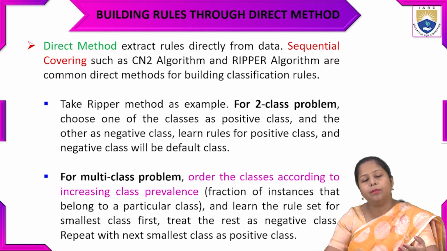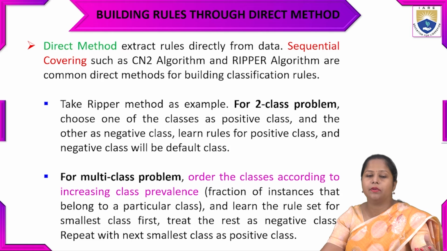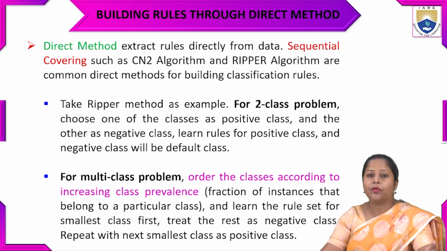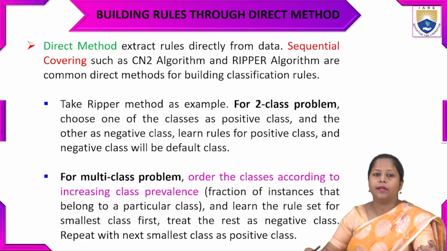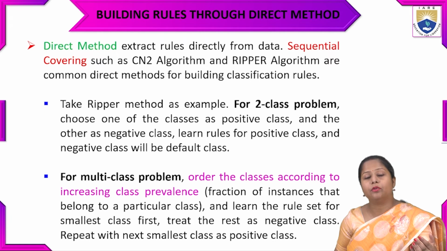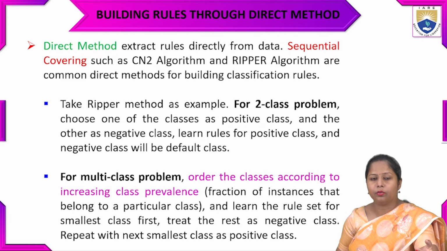The rest of the classes will be treated as negative, and that will be iterative in nature, until the next smallest class becomes the positive class. So for multi-class, we do the same in that order.